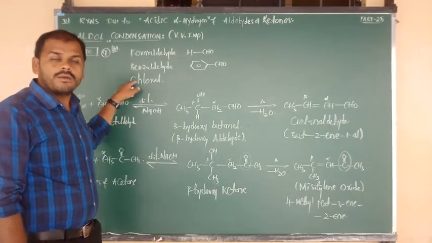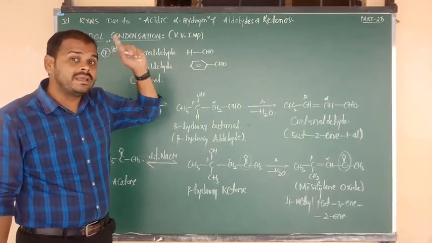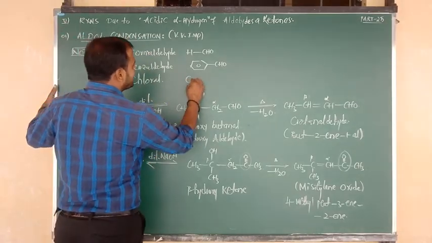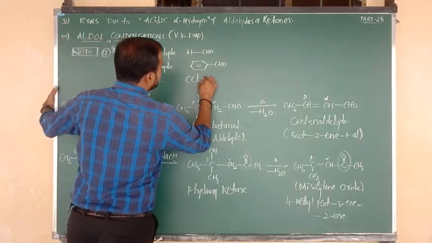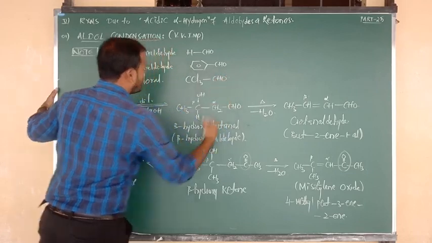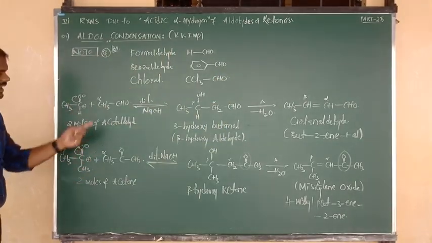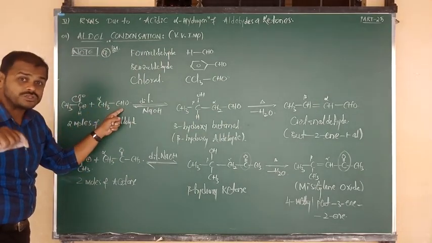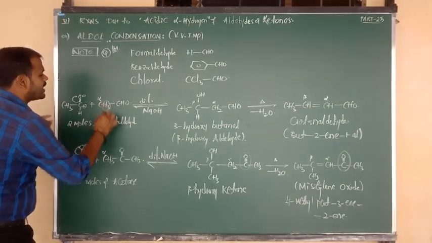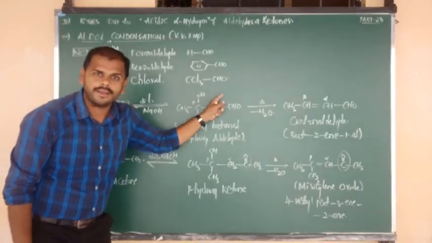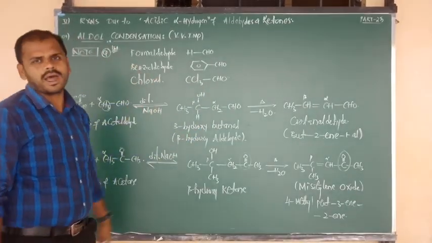This compound we have utilized in DDT preparation in the alkane chapter. So chloral formula is CCl3 bond CHO, looking like acetaldehyde. What is the formula of acetaldehyde? CH3 bond CHO. So all 3 hydrogens are replaced by 3 chlorines. So trichloroacetaldehyde. This is known as chloral.